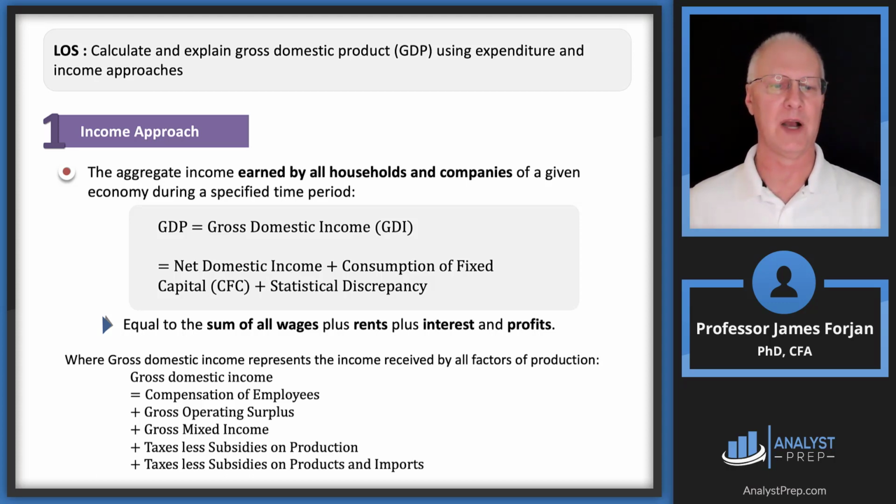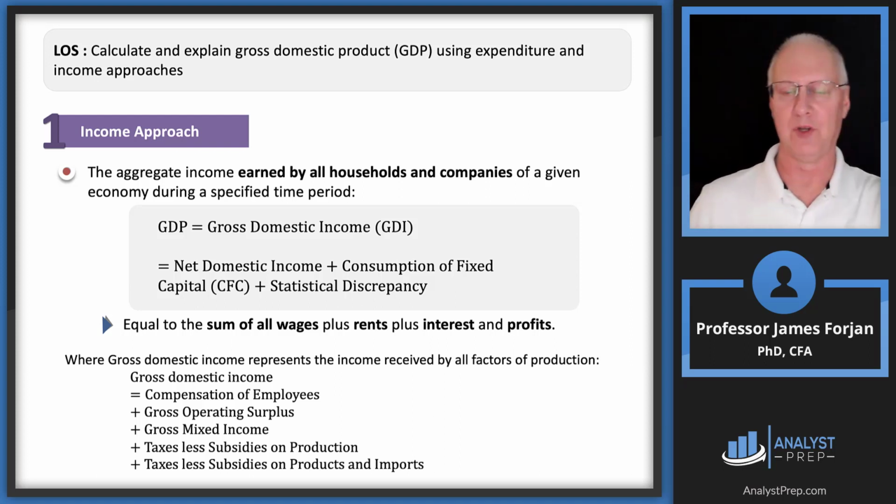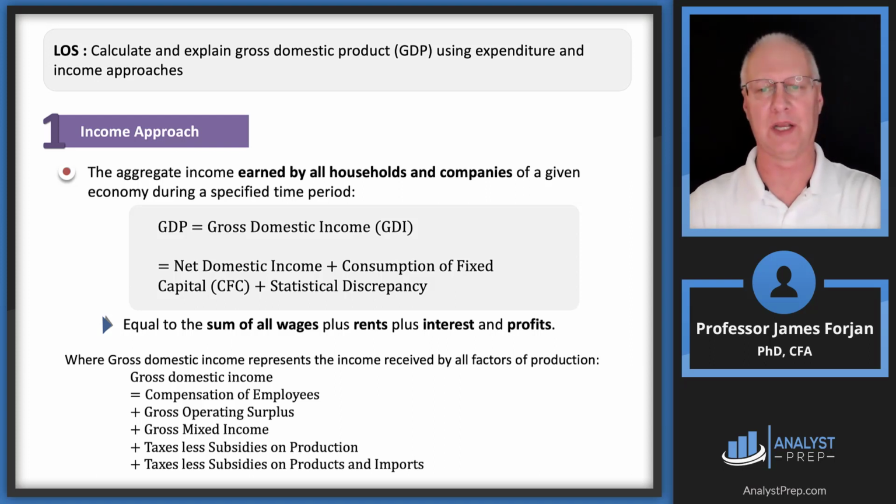And then we've got taxes and subsidies, because the federal government comes in and says something like, okay, if you do this, we'll tax it. If you do that, we'll subsidize it. So we need to consider all of those things. But look at that arrow point in the middle. It's the sum of all wages plus rents plus interest and profits. Notice in the gray box there is a notion of statistical discrepancy.